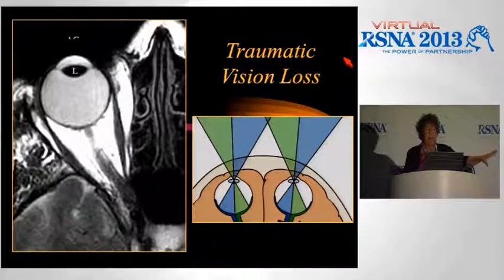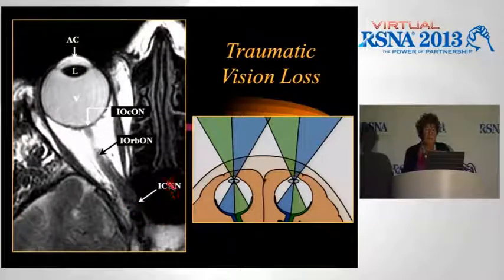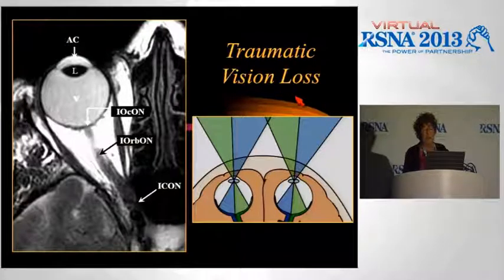Light comes in and traverses the anterior chamber, gets redirected by the lens, goes through the vitreous, gets redirected back onto the retina, and ends up at the intraocular optic nerve, comes back along the intraorbital optic nerve, and goes through the intracanalicular portion of the optic nerve. So you need to look at this all the way through.